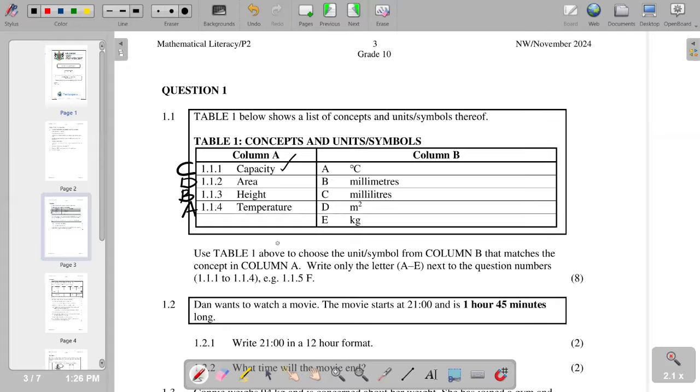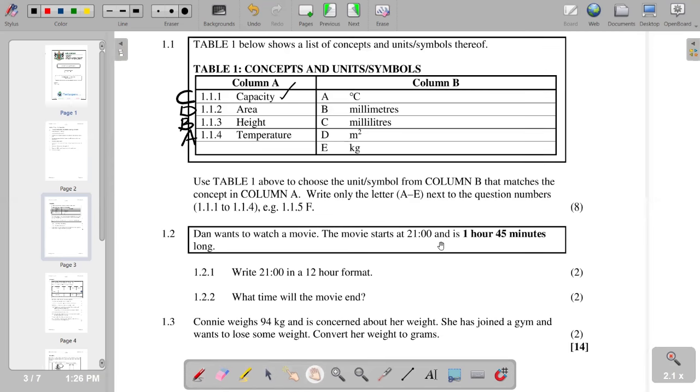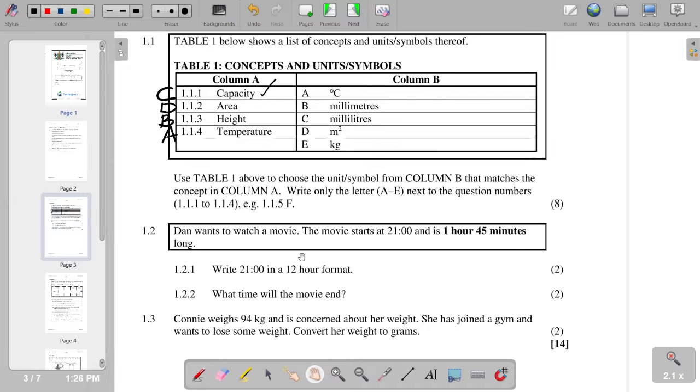So basically, this is what we have. On the second part, Dan wants to watch a movie. The movie starts at 2100 hours. It is 1 hour, 45 minutes long. 2100 hours in 12-hour rotation. Remember, when we want to reduce from 24-hour rotation to 12-hour rotation, we have to subtract 12 hours.